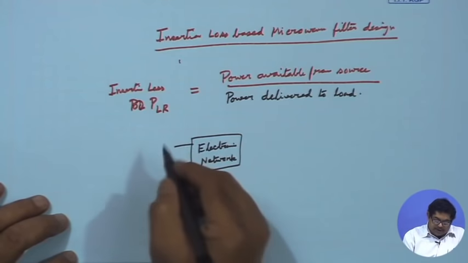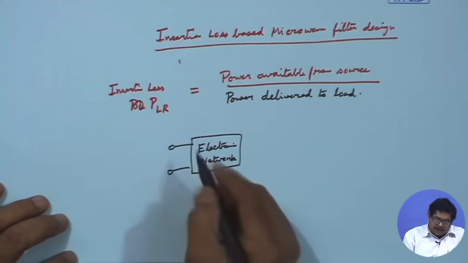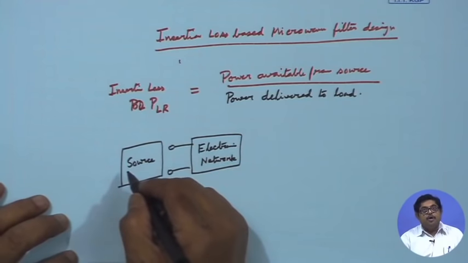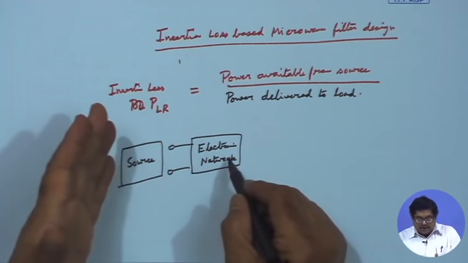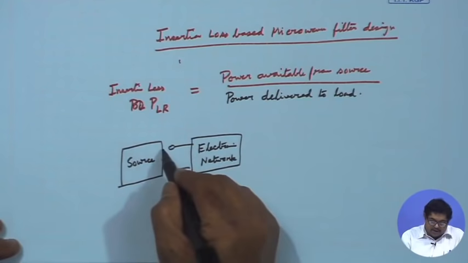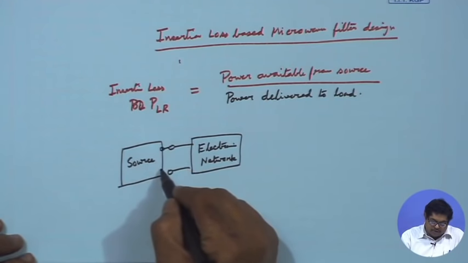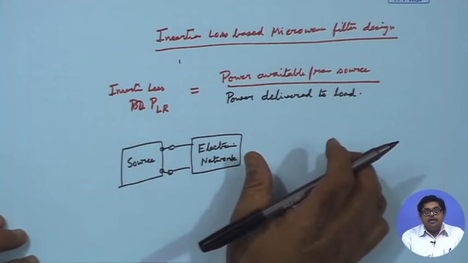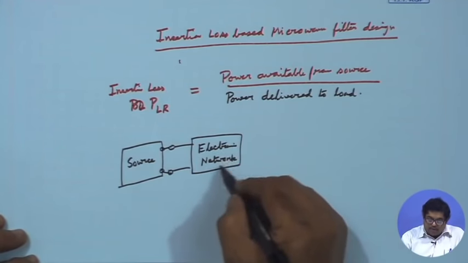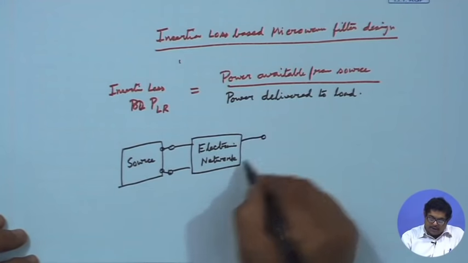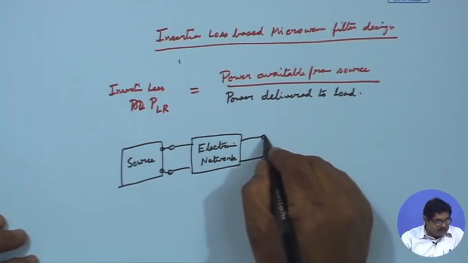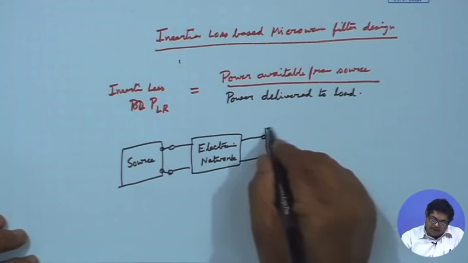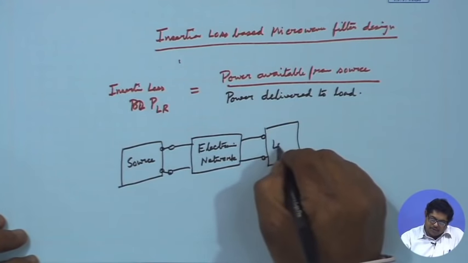Now, this side it will be connected maybe to some other block, but for this network this is the source side. So, it will be connected with this source. Similarly, it may be connected to some other block, but to this 2-port network, that is the load. So, it will be connected to another box which is called load.